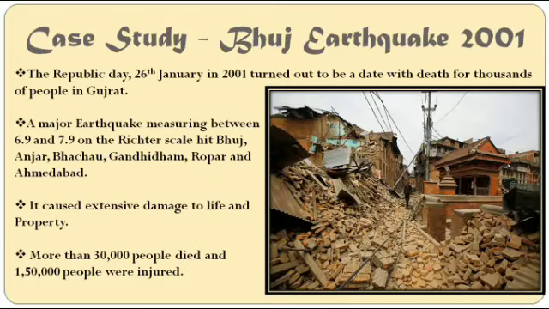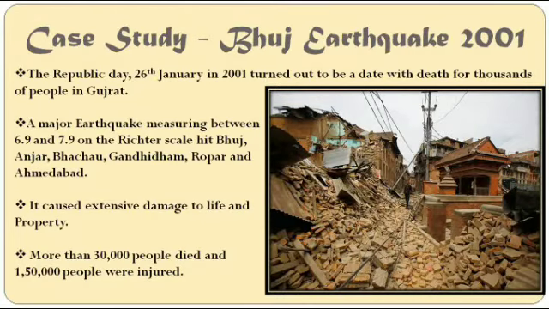Children, actually what happened at that time? The focus was 23 kilometers below the surface. The earthquake generated intense shaking which was felt in 70% of India and far beyond in neighboring Pakistan and Nepal. And the epicenter was in the areas which we have read just now, Bhuj, Anjar, Bachau, all these areas were the epicenter area.